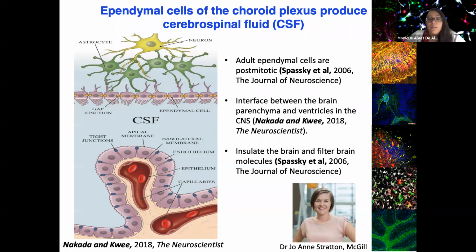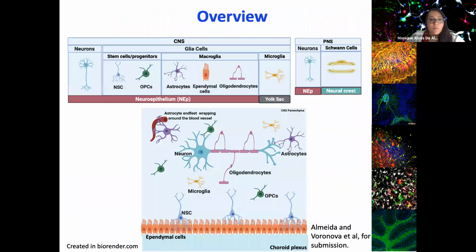As Dr. Wee Yong explained in the first Alberta MS Network lecture that we had, MS lesions are usually located close to the ventricles. So perhaps ependymal cells are involved in the onset or pathogenesis of MS. There are many things to uncover regarding ependymal cell function.